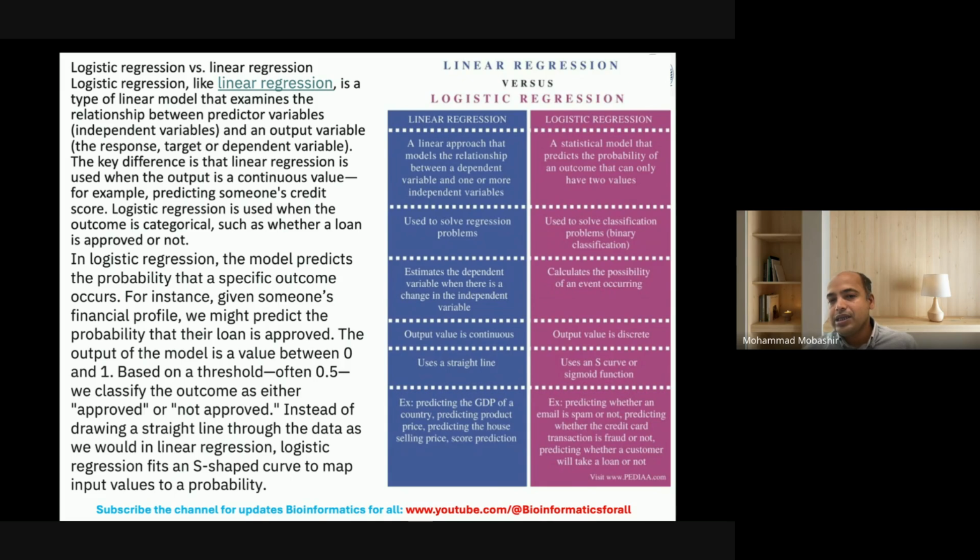Linear regression is a straight line, while logistic is an S-shaped curve or sigmoid function. An example application of linear regression is predicting the GDP of a country, while logistic regression examples include predicting whether an email is spam or not, yes or no kind of examples.